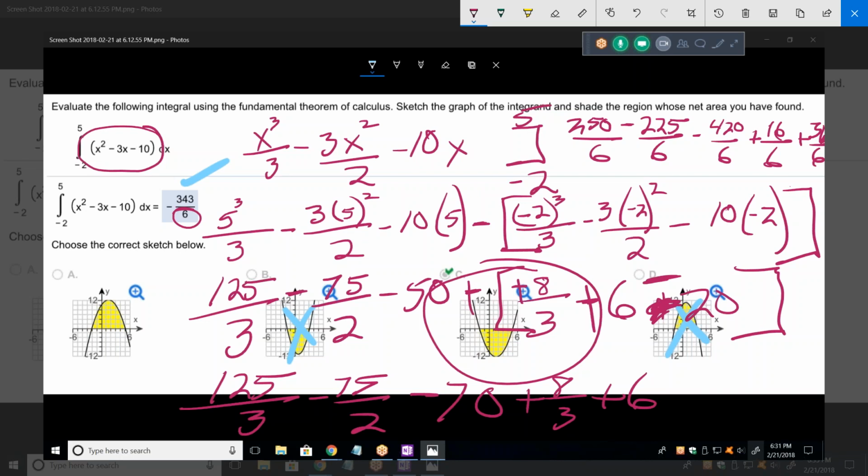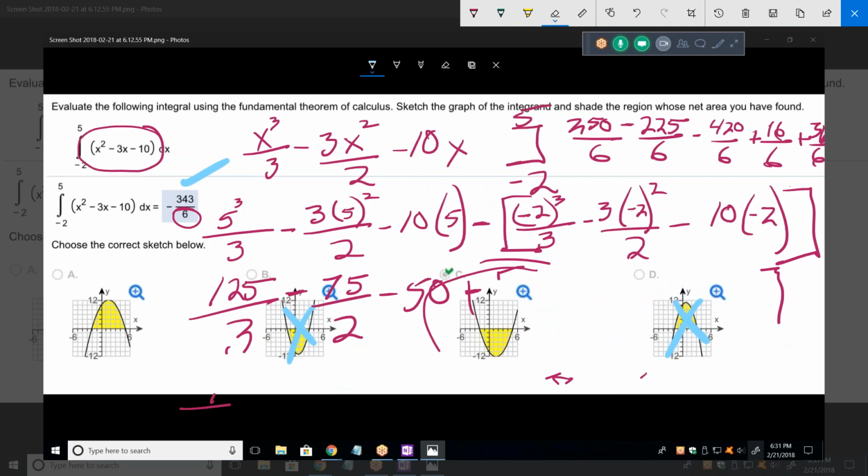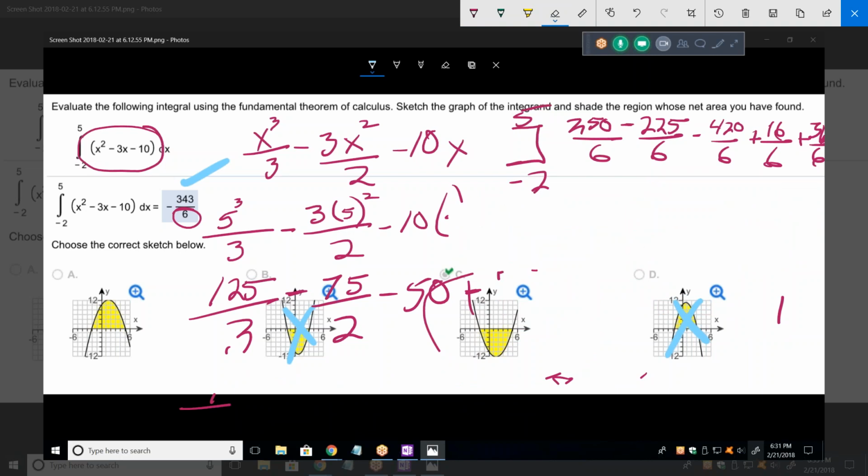Okay. I don't know, at some point this just becomes an exercise in arithmetic, but it's always nice when you do it and it comes out right. So let's see.